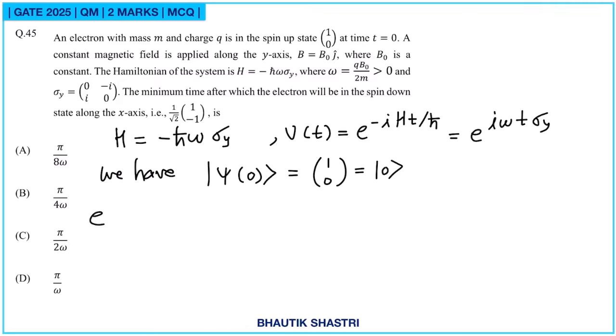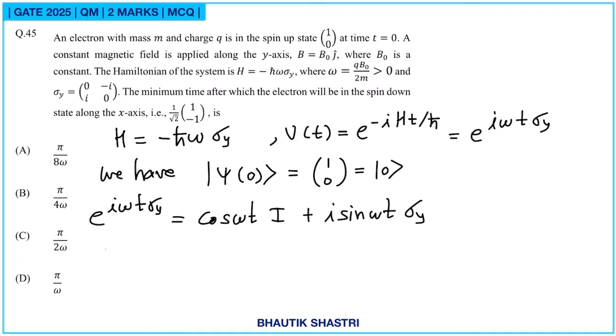Now we know e raised to i omega t sigma y can be expanded like this. We have cos omega t, then identity, plus i sin omega t and sigma y. And we will operate this on ket 0. So let's focus on this sigma y.